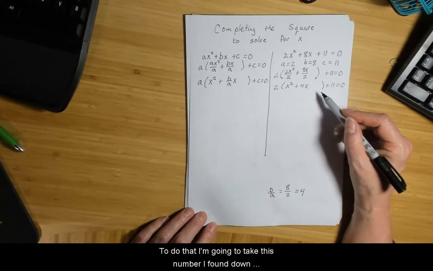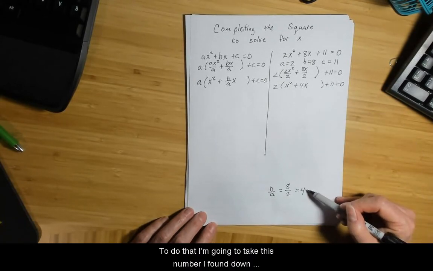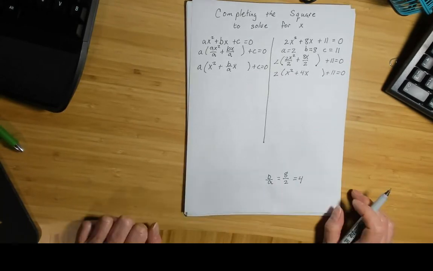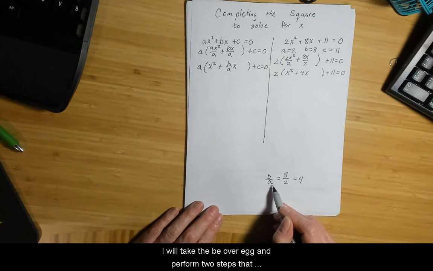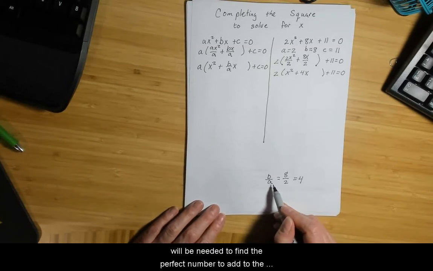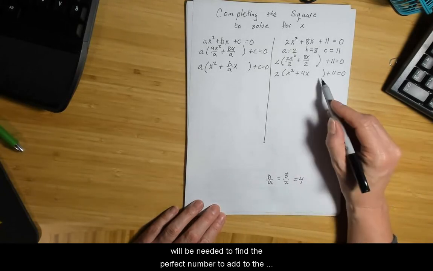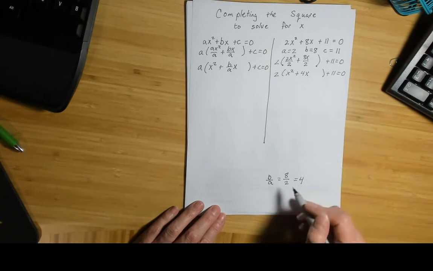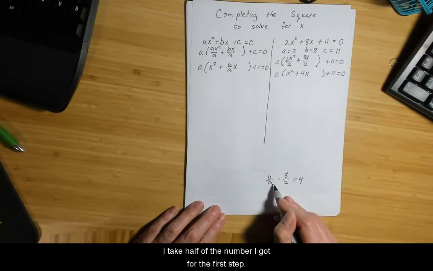To do that, I'm going to take this number I found down here, which was b over a. I will take the b over a and perform two steps that will be needed to find the perfect number to add to the trinomial so it will factor perfectly. First, I take half of the number I got for the first step.